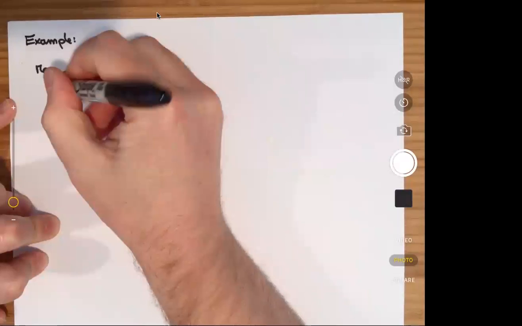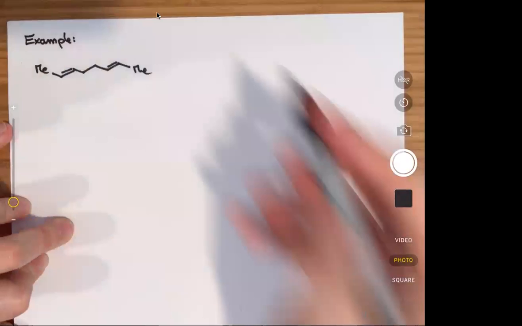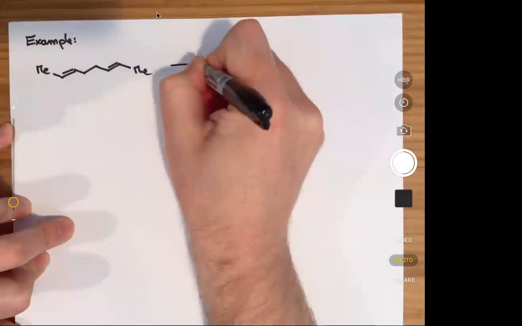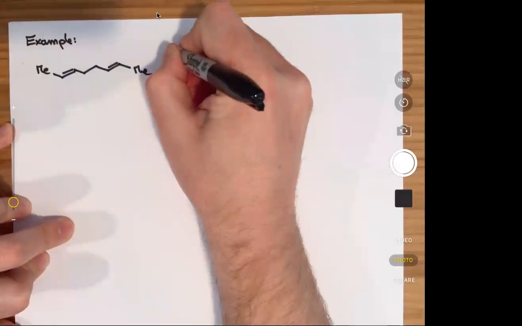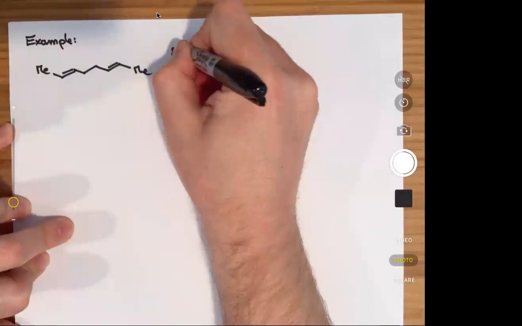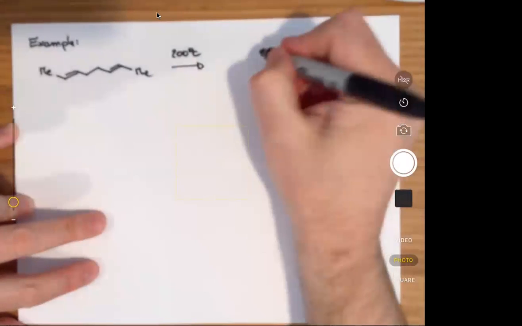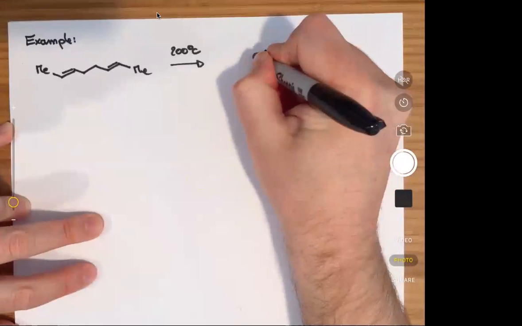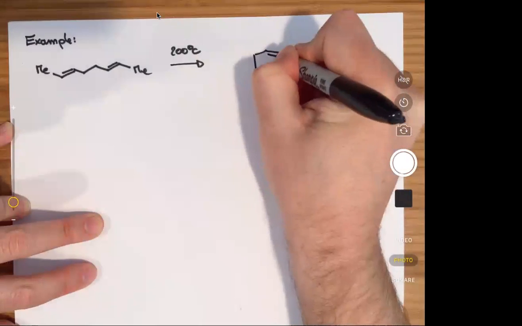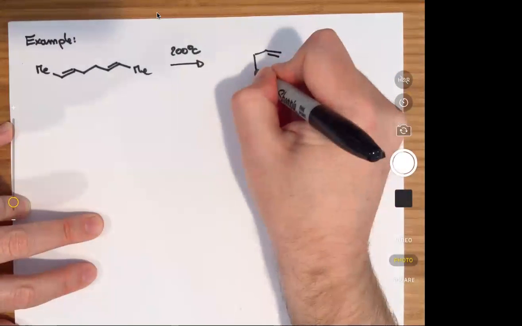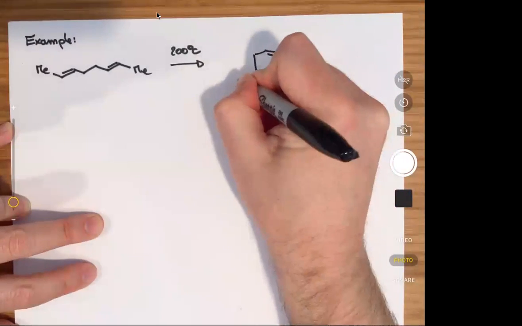Yeah, and we induce a thermal rearrangement in this structure. So let's say we heat this, let's say 200 degrees Celsius here, and we expect it to rearrange at least to a certain fraction to this product here.